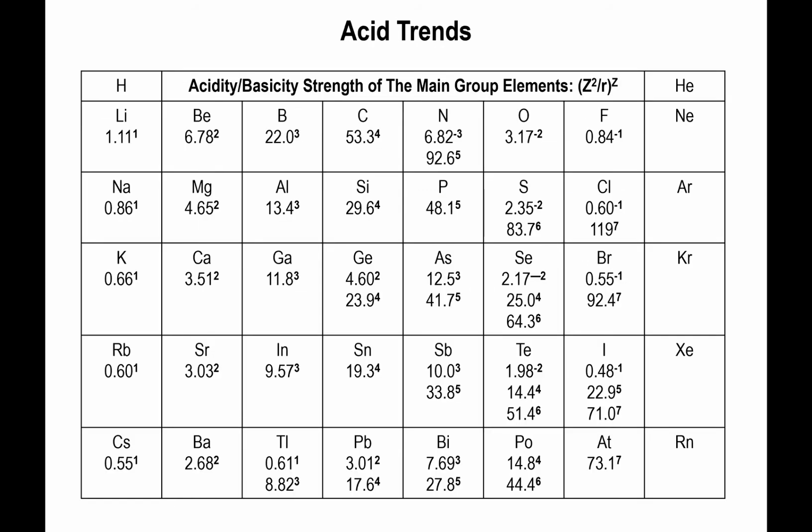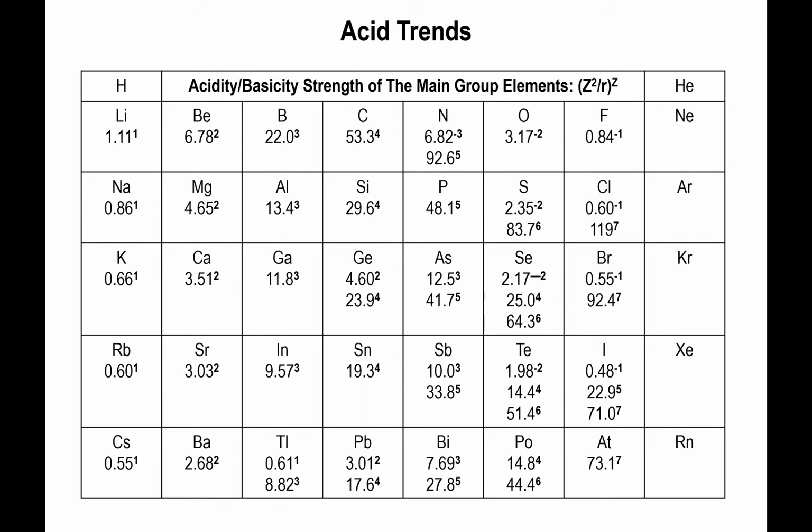Another way to look at it too, and this is a little bit more mathematical, and I'll be honest with you, I probably won't be using this too much in this class, but I want to show it to you to give you a different perspective in terms of acidity. You could look at the charge squared divided by the ionic radius of the substance to determine basically how strong is this H plus associated with the element, right?